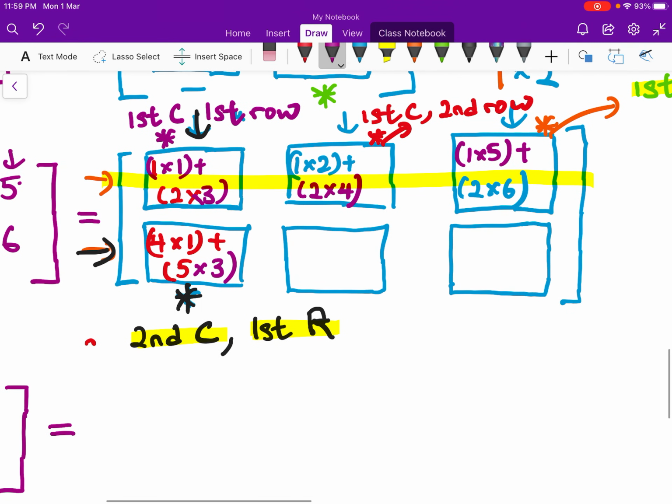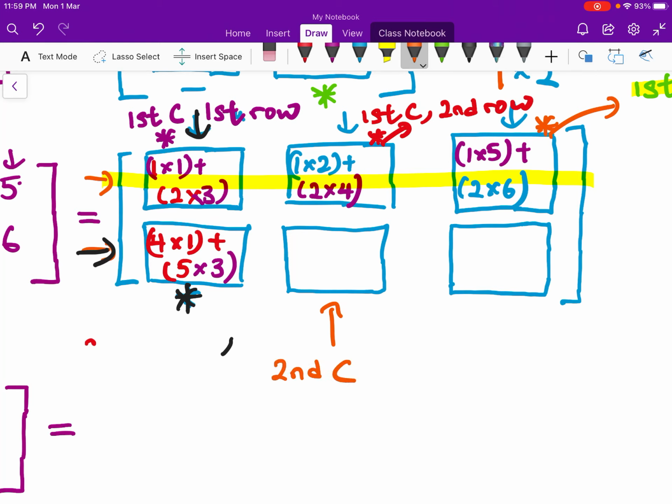For the next box, this is the second column, so no more first row already. We are dealing with this, the second row. As we know, the red color matrix is the second column, and the purple color matrix is the second row.